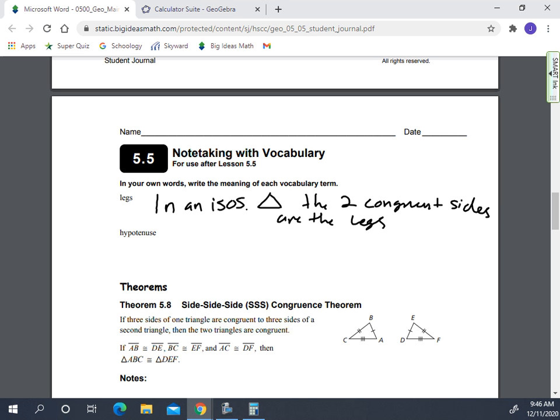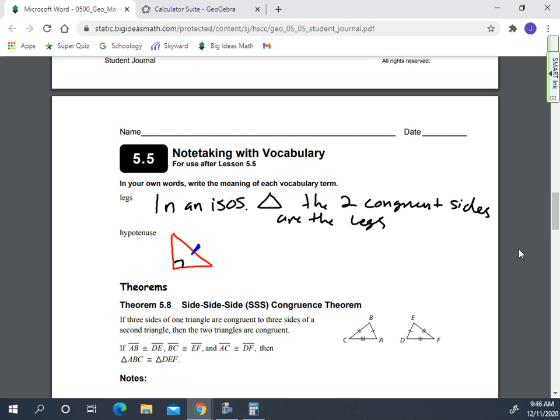All right. The hypotenuse. The hypotenuse is in a right triangle. So it's a right triangle. The hypotenuse is the side opposite the 90-degree angle.